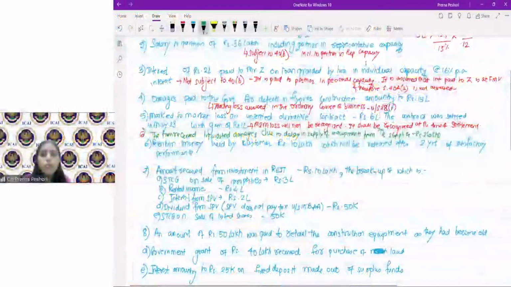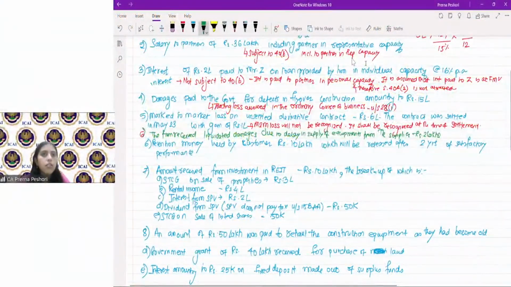So what will happen, students, to the liquidated damages received from the supplier of equipment? Yes, students. What will happen to that?